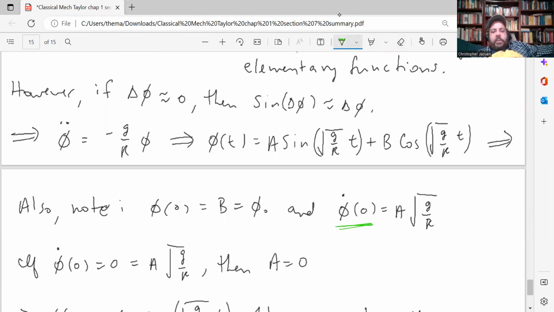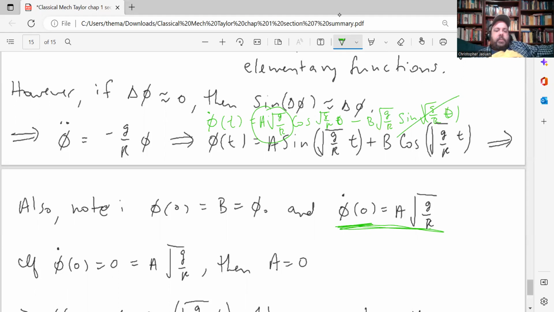So phi dot of 0 is 0. Taking the derivative, phi dot t is equal to a times square root g over r cosine of square root g over r t, minus b square root g over r sine of square root g over r t. That's the derivative. If you plug 0 in for t, the second term goes to 0, and you're just left with the coefficient here because cosine of 0 is 1. So we get this expression here.